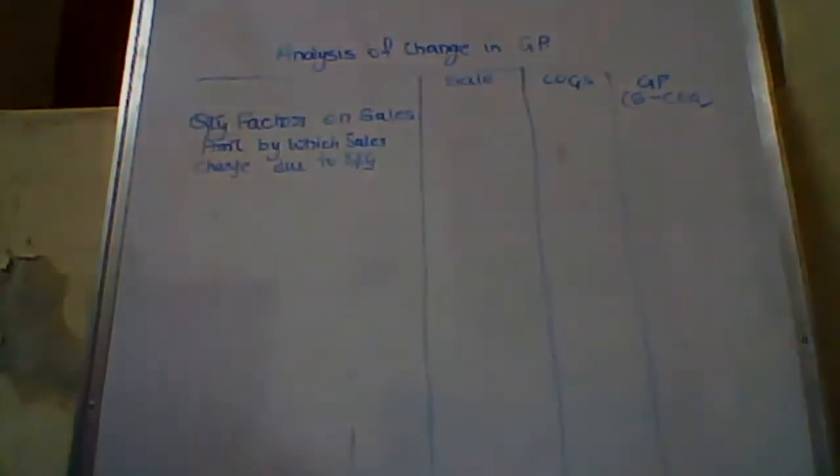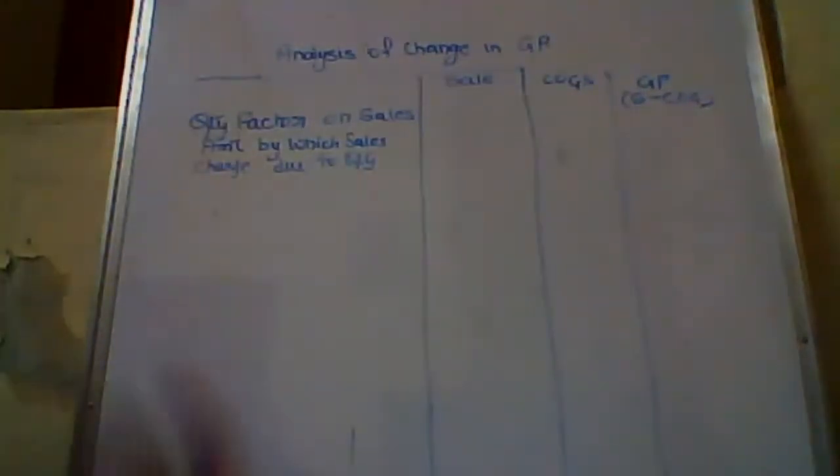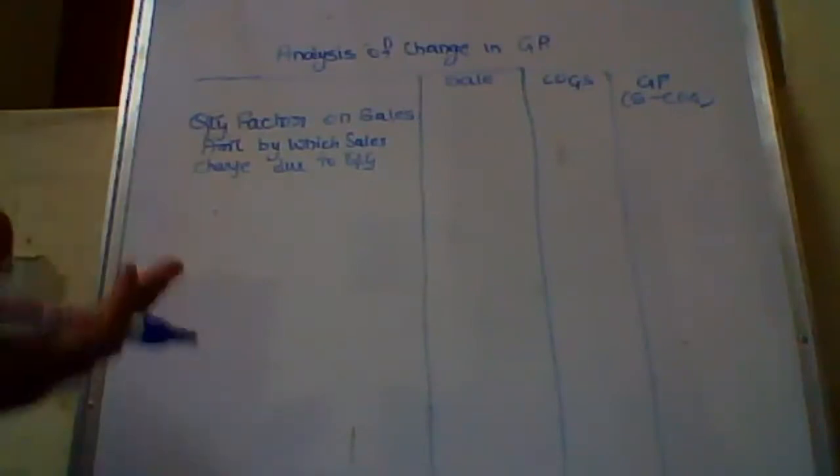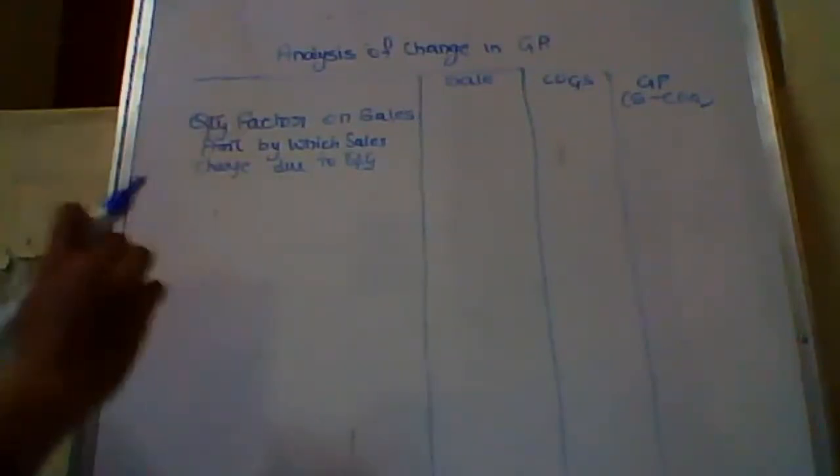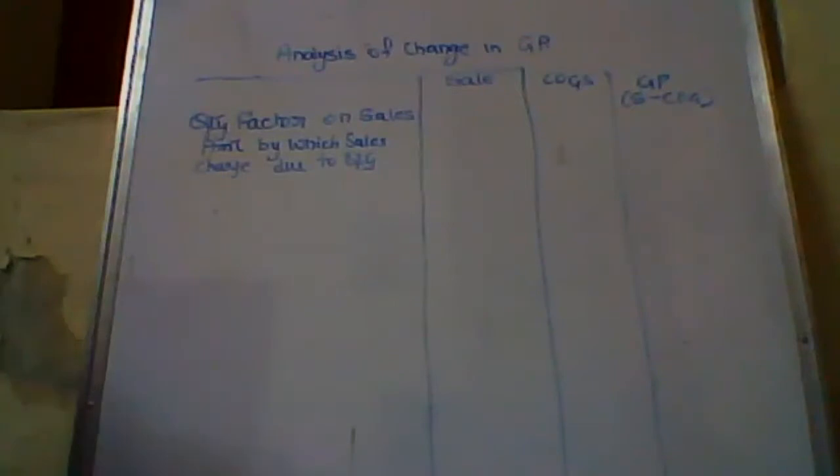So this is called a factor. Always when you're doing this, you have to start from the base year. Those percentages which we have already calculated will be applied here, and then we will see from the previous year to the current year, are you really getting that much difference?